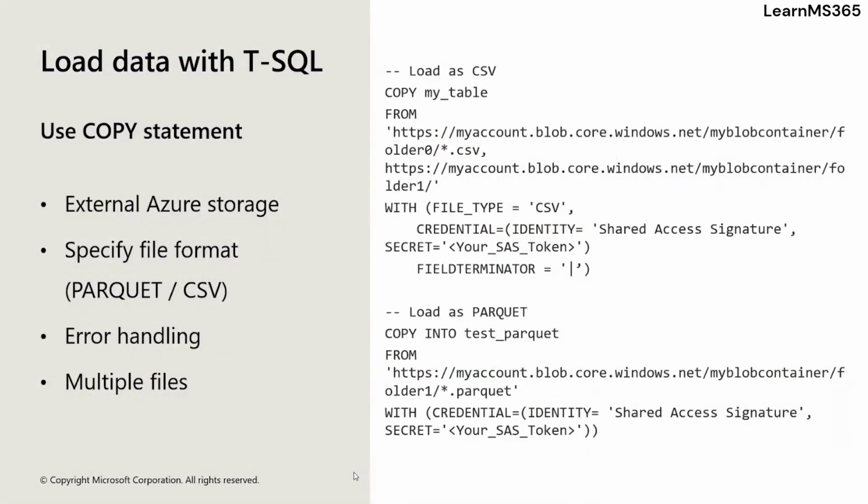So this is loading the data with T-SQL, and we already talked about this, that we can use the COPY statement. This COPY statement basically serves as the main method for importing data into a data warehouse. It facilitates efficient data ingestion from an external Azure storage account.